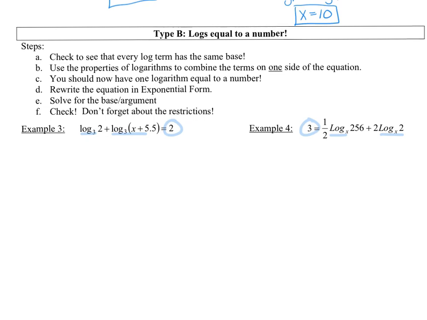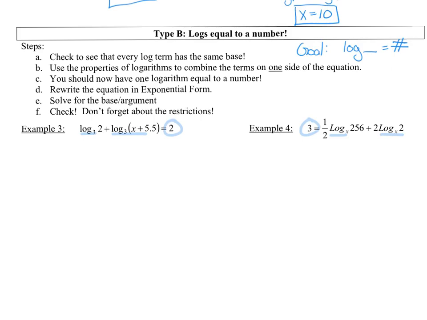In example 3, they both have a base of 3. In example 4, they both have a base of x, which is what we're trying to solve for. So the goal for this type of problem is to get a single log on one side equal to a number on the other. So only one term is going to have a log, and it's going to equal a number.